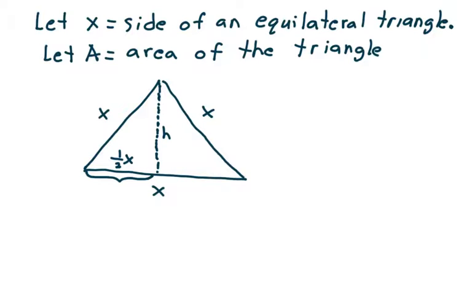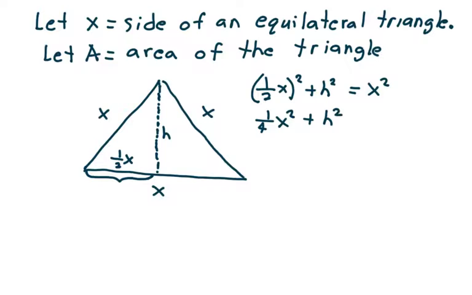Now, from the Pythagorean theorem, we know that (1/2 x) squared plus h squared is equal to x squared. But (1/2 x) quantity squared is 1/4 x squared, plus h squared equals x squared. So h squared is 3/4 x squared. If I solve for h, I claim h is square root of 3 over 2 times x.